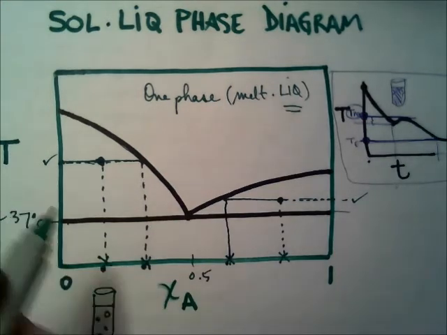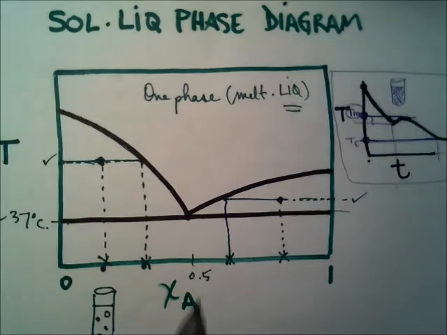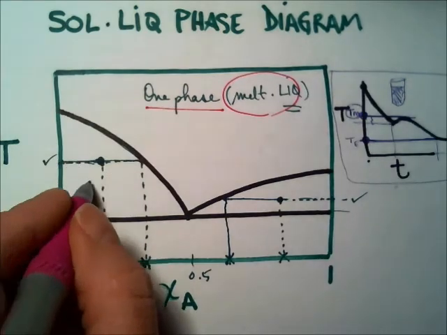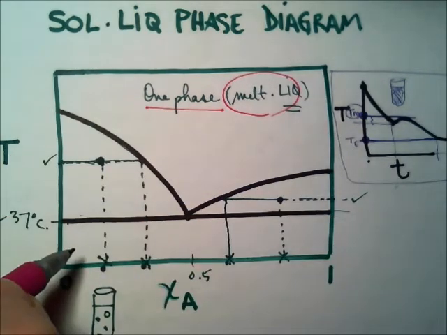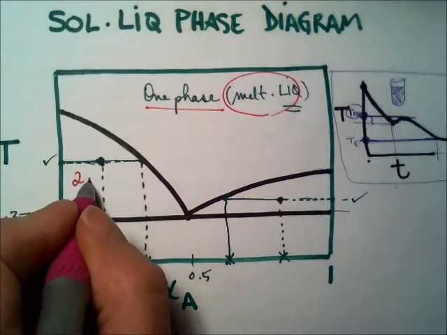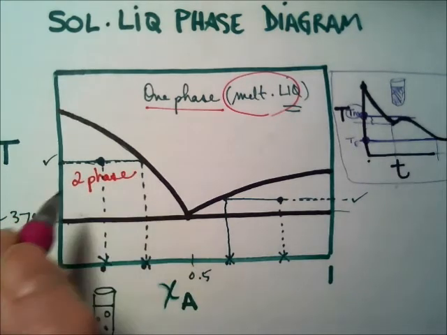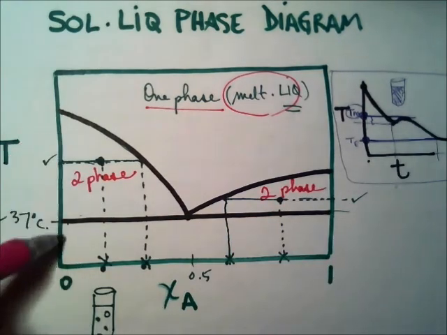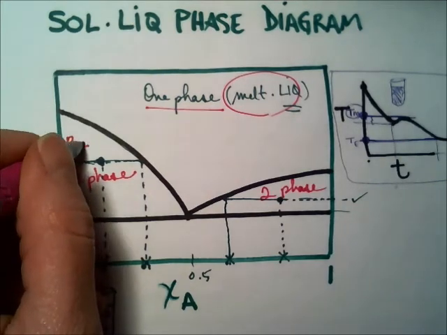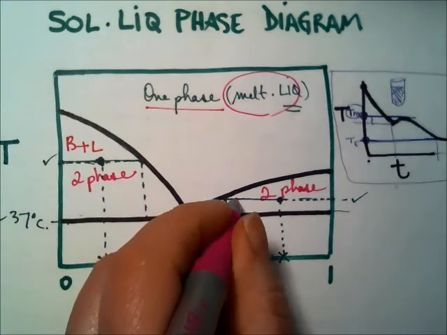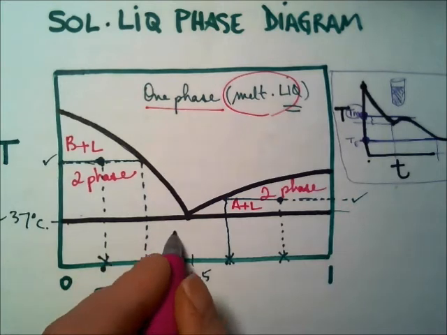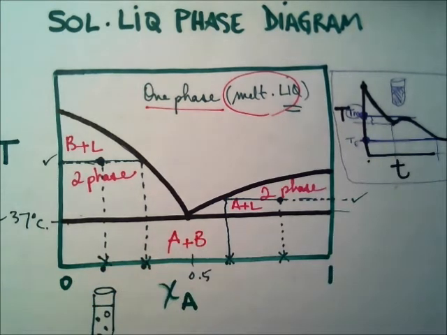Okay, so labeling these, this is one phase, the liquid melt. This is the areas in here, and these two pies are two-phase regions, and the phase is, in this case, B plus liquid, and this is A plus liquid. And here at the eutectic, I have A plus B, two phases, A plus B solid.